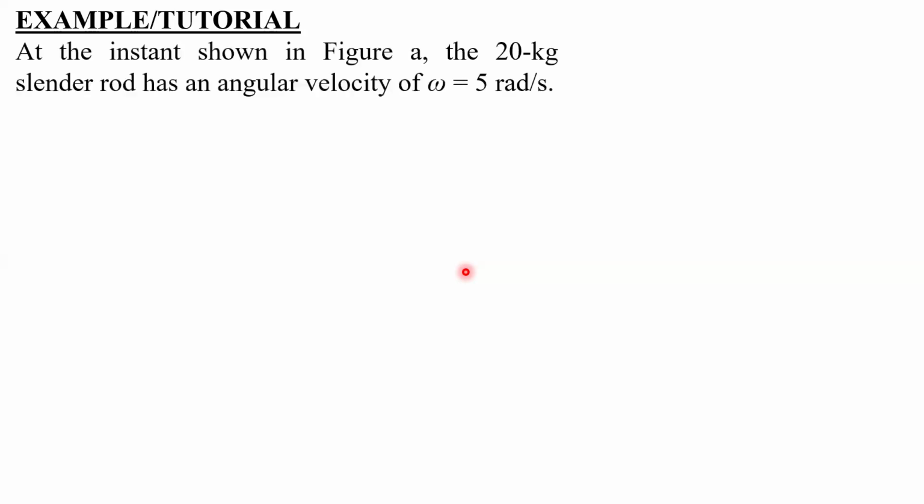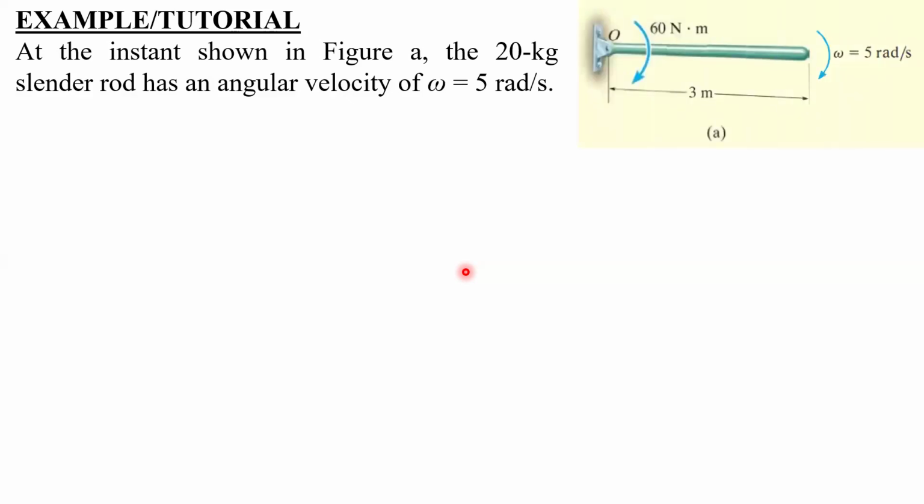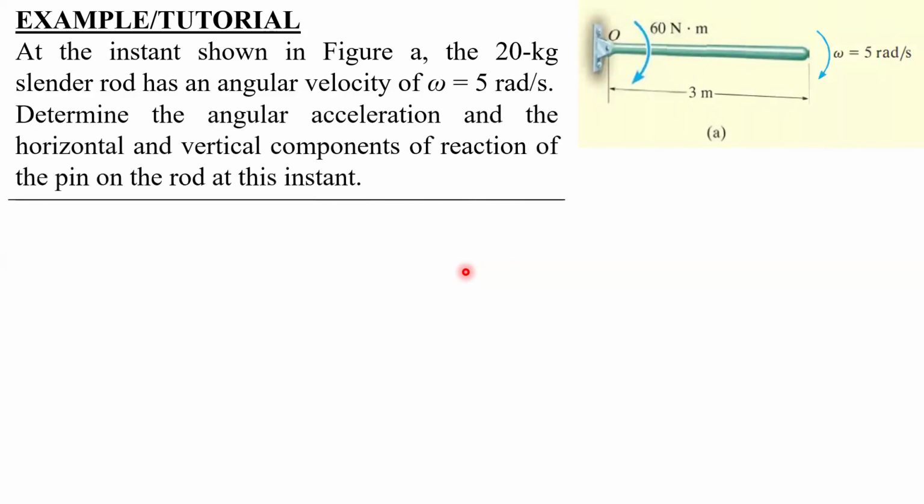So let's look at one example or tutorial. At the instant shown in figure A, the 20 kilogram cylinder rod has an angular velocity of omega equal to 5 radians per second. It says determine the angular acceleration and the horizontal and vertical components of reaction of the pin on the rod at this point.